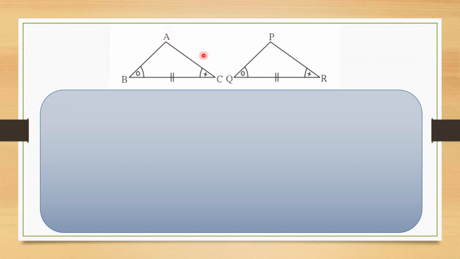So angle ACB is exactly equal to angle PRQ, because you can see here both the angles are marked with a cross sign, and between those two angles there is one side which is congruent. How do you come to know? Because this side is represented by two standing lines, and exactly two standing lines are there in this triangle also. That means side BC is congruent to side QR.